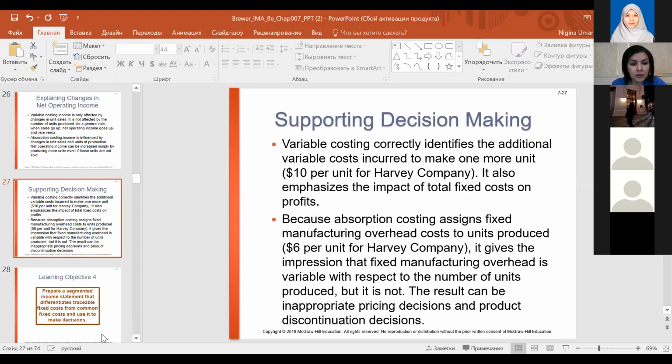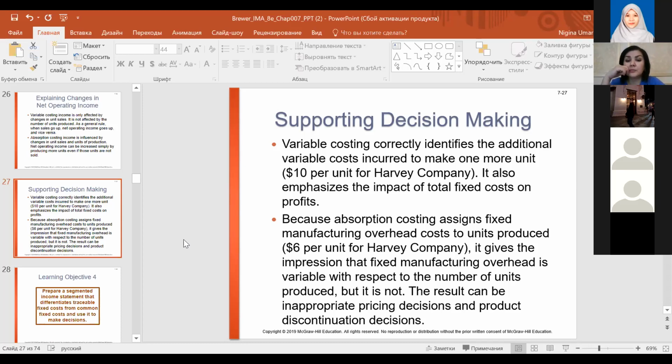Okay, now let's look at supporting decision making. Variable costing correctly identifies the additional variable costs incurred to make one more unit. It also emphasizes the impact of total fixed costs on profit. Do you remember, in the variable costing income statement, the full amount of fixed manufacturing overhead goes to the income statement.